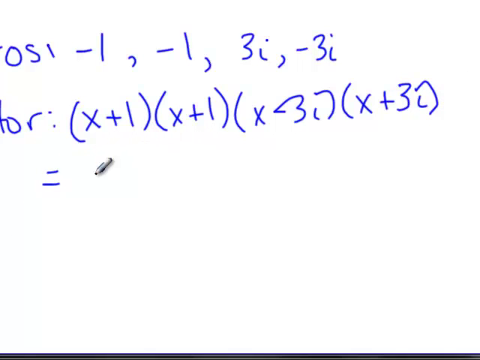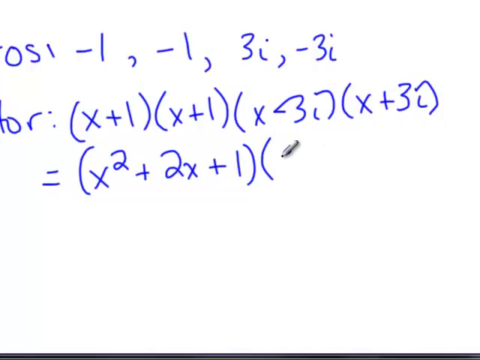When I FOIL these two, I get x squared plus 2x plus 1. Nice quadratic trinomial. And when I FOIL these two, I actually get x squared plus 9. I'm not showing all the steps, but that's what I get.